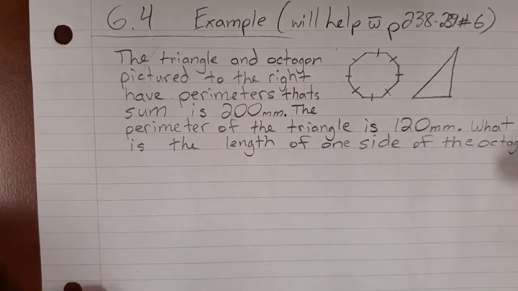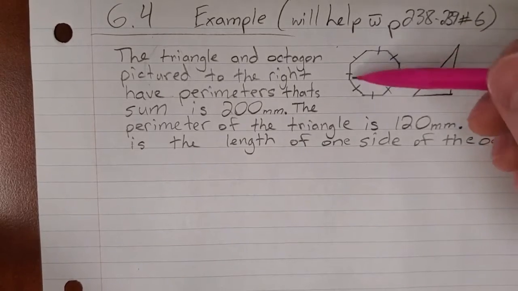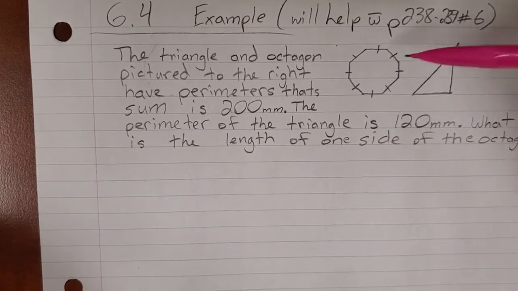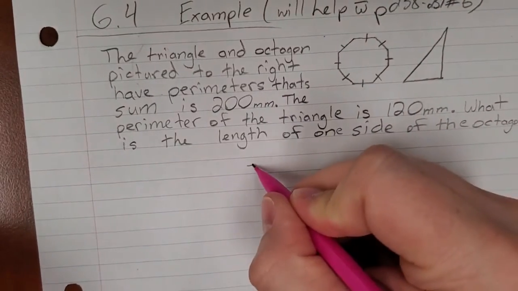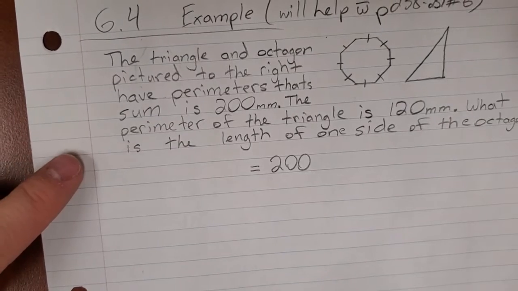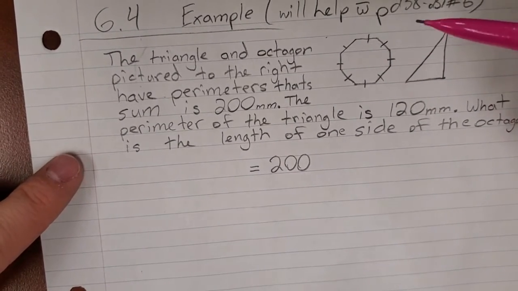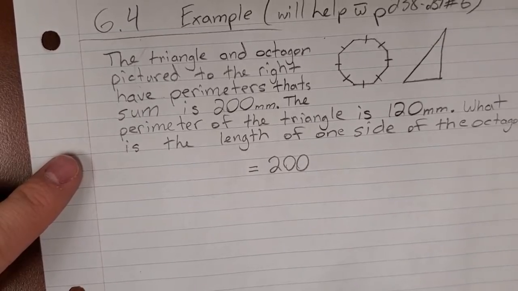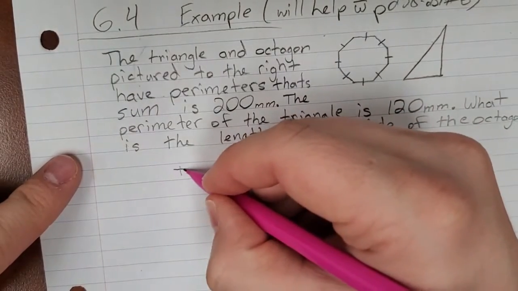So looking here, we know that all of these sides plus these sides will equal 200 millimeters. So our equation is going to equal 200 millimeters. And we know that if we add the sides of the octagon to the sides of the triangle, that's how we'd get that.